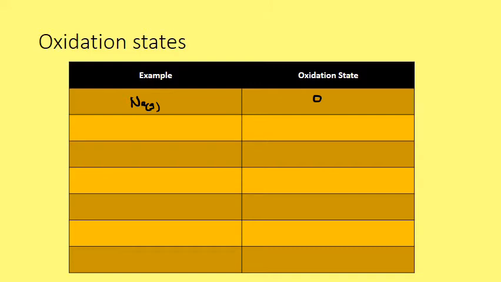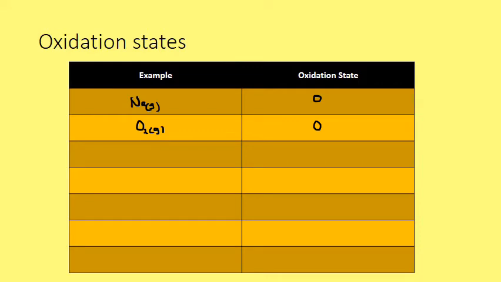Rule number two is, and these rules are in no order at all, but anyway, the second rule is that elements bonded to identical atoms also have an oxidation state of 0. So for example, oxygen gas, oxygen is bonded to another oxygen atom, then they of course have an oxidation state of 0 as well.